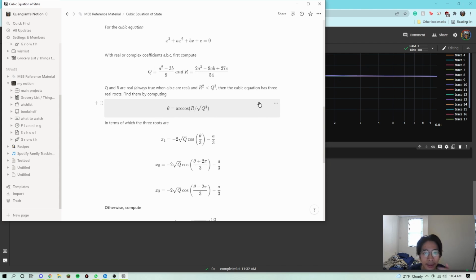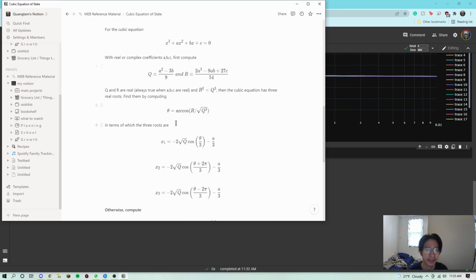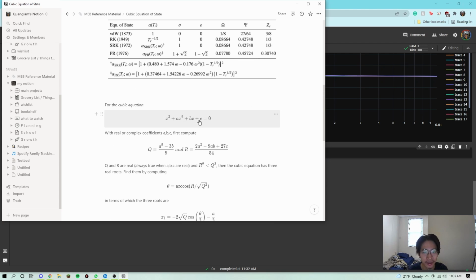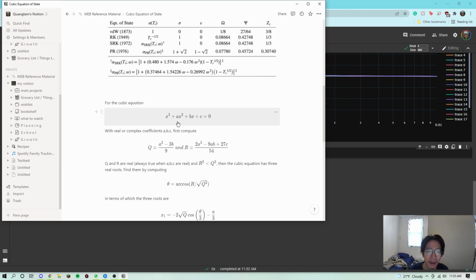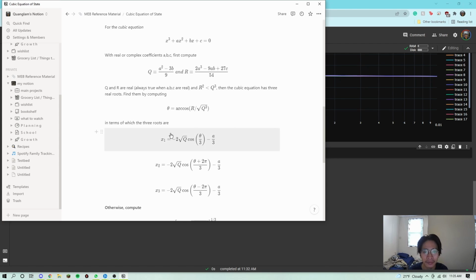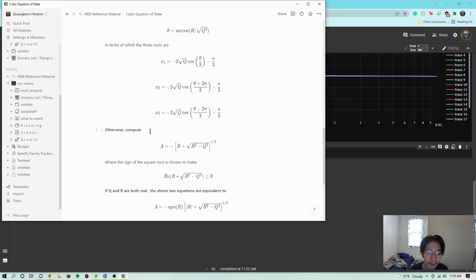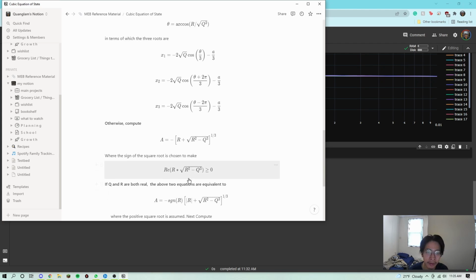Remember that we need to separate between our two functions: A, B and C are not the constants, they're the coefficients of a generic cubic polynomial. Okay? So let's go ahead and tackle this.